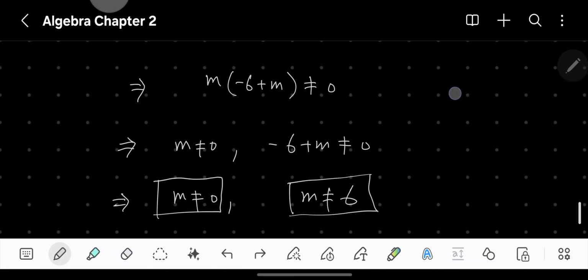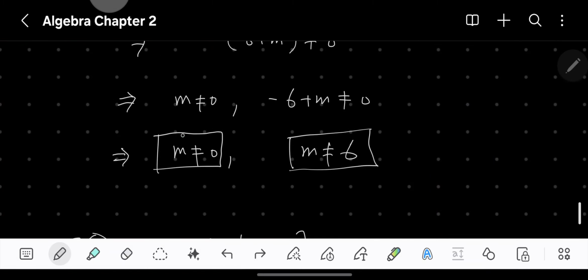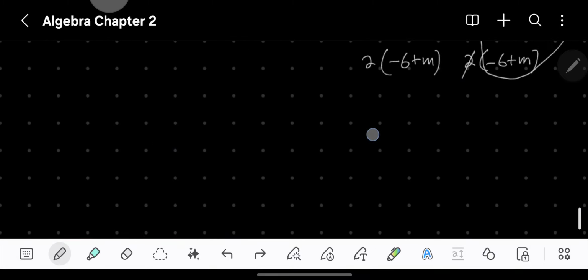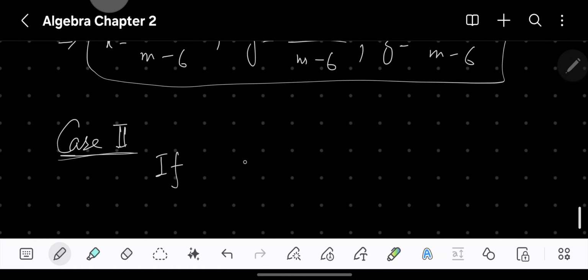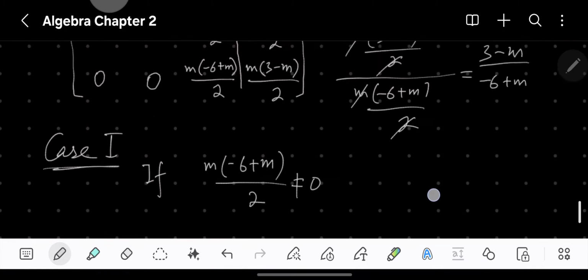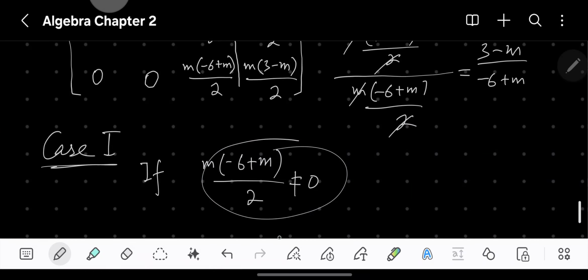So if this is not the case, then either m will be 0 or it will be 6. What will happen then? So in the second case, if m times m minus 6 is 0, okay, this is the second case. Because previously we assumed that it is not 0.